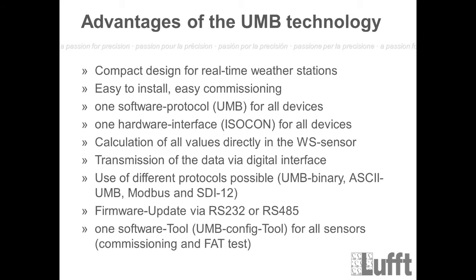There is a microprocessor on the main board which will do all these calculations. After that we will transfer the data, that's the second point, via digital interface to the PC or to the cloud or something like that, right? So the WS sensor has a digital interface to transmit the data. Normally only 2 wires are necessary to transmit the data in this case.